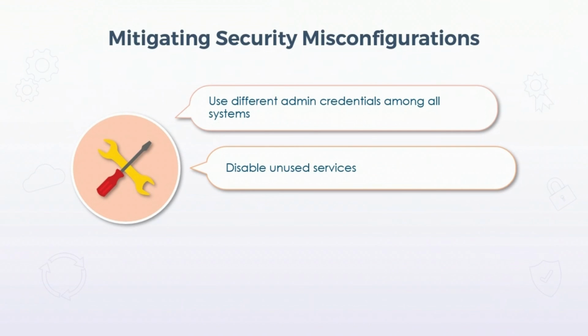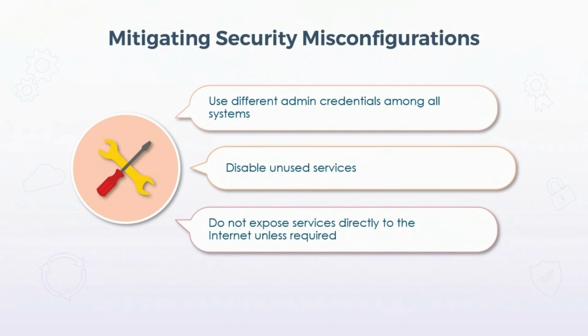Other standard things we can do: make sure that unless absolutely required, we are not exposing any web applications on servers directly to the internet, because if we are, you can think of it as a sacrificial lamb. You know that at some point it's going to be scanned and people are going to attack it, and if it is not secured properly, it could actually become compromised. So we want to be very careful. Certainly with public-facing websites, we don't have a choice, but that's where web application firewalls adhering to all those security hardening techniques is especially critical.